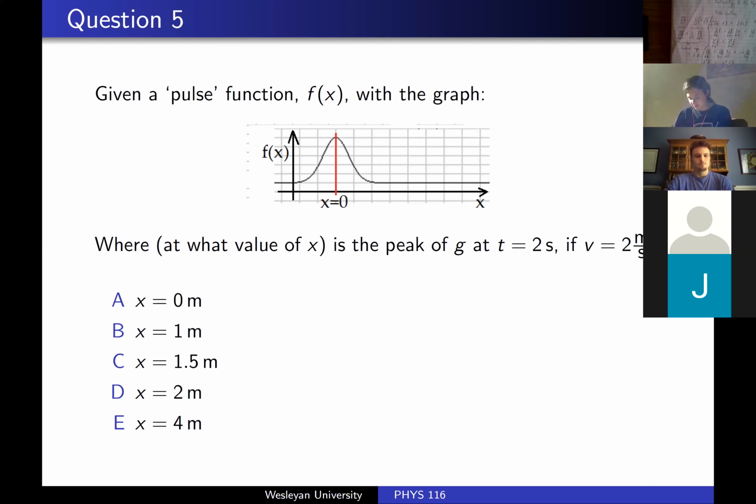So it could be sine of x minus vt, it could be cosine, it could be pretty much any function that you can take two derivatives of. I could have sine of x minus vt, or e to the minus (x minus vt) squared, which would be like a Gaussian graph, just constantly moving to the right. So f can be anything.